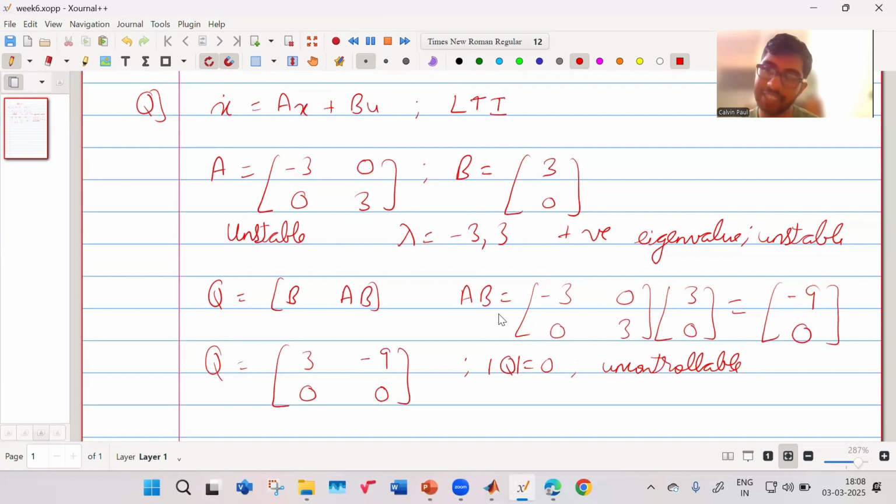So what I'll suggest is, since to my knowledge the assignments are all multiple choice questions, and I think in the exam also it will be multiple choice only, you can check the options. If there's an option saying that the system is uncontrollable, then you have to check.